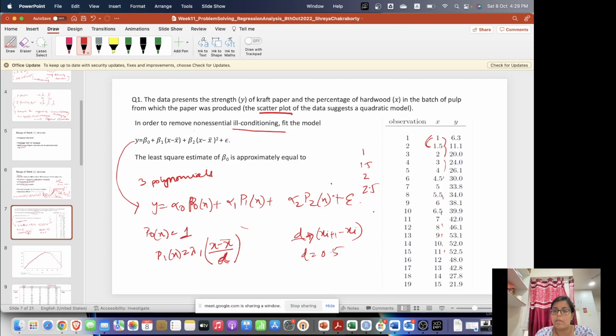So we have to choose lambda in such a way that this term becomes an integer, right?